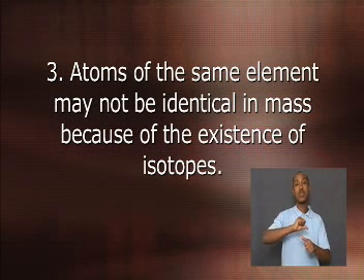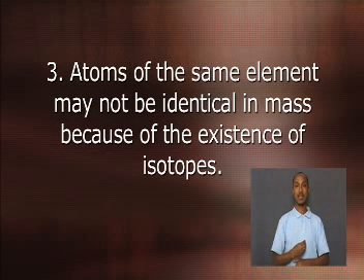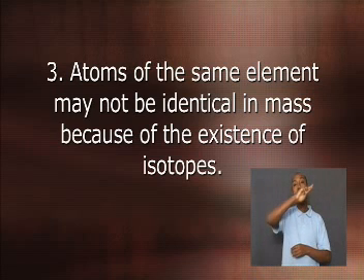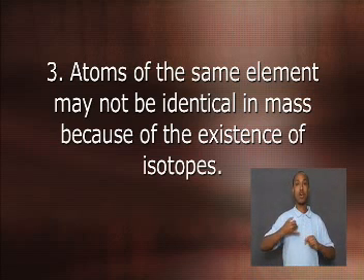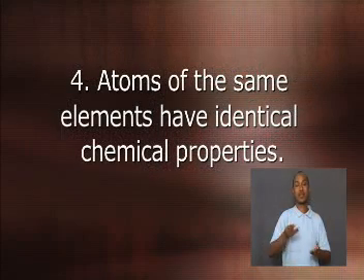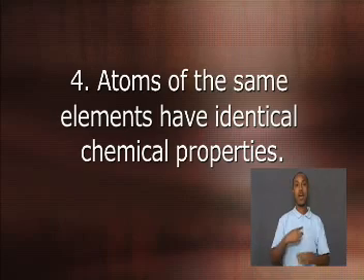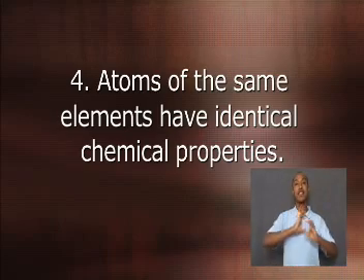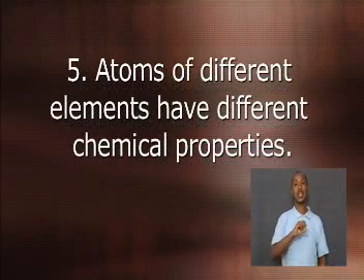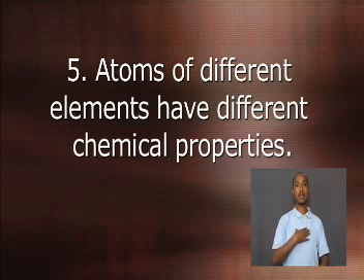Atoms of the same element may not be identical in mass because of the existence of isotopes. Atoms of the same element have identical chemical properties. Atoms of different elements have different chemical properties.